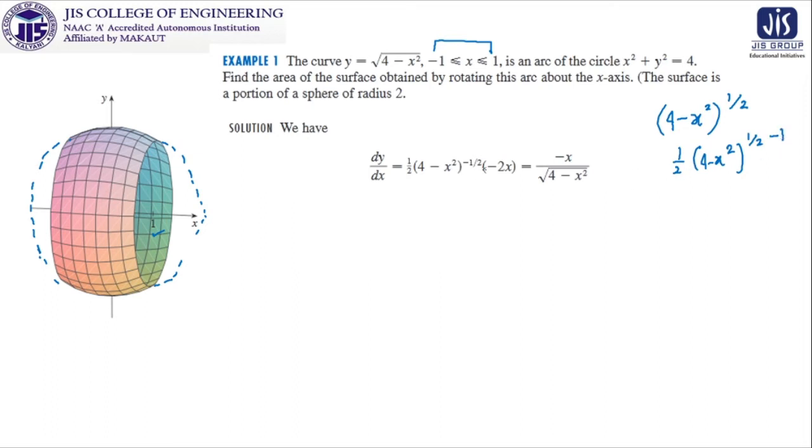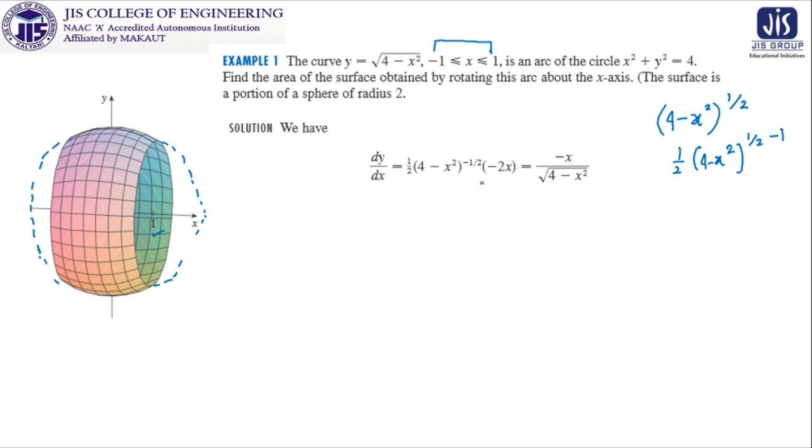So half minus 1 is minus half, which is okay. After that we have to differentiate 4 minus x square with respect to x. So it will be minus 2x, because 4 contributes 0 and minus x square gives minus 2x.